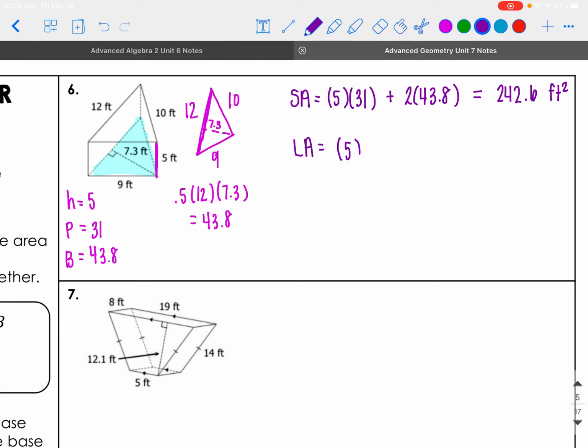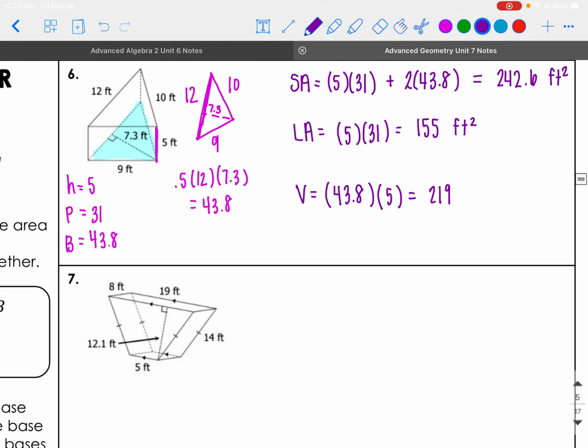Lateral area, 5 times 31, which is 155 feet squared. And volume, 43.8 times 5, which is 219 feet cubed.